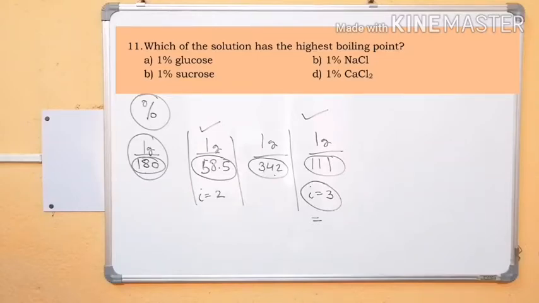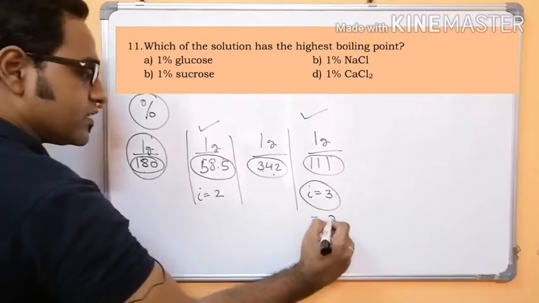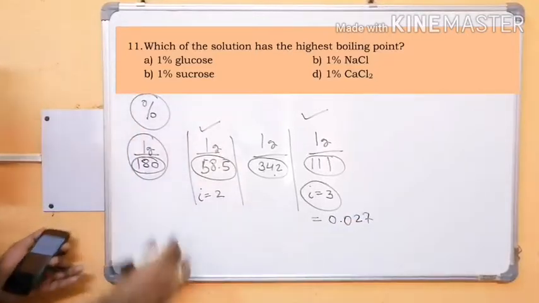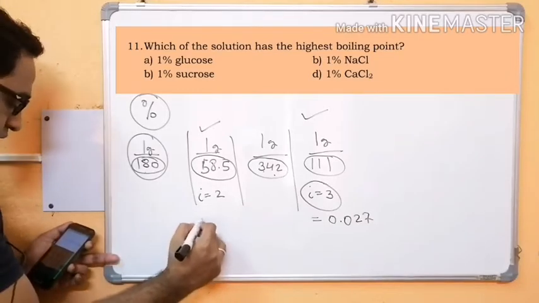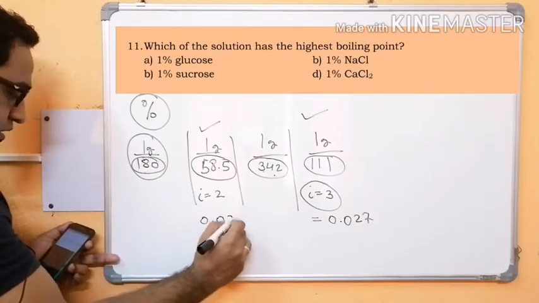1 divided by 111 into 3, so it is coming 0.027, and this one, 1 divided by 58.5 into 2, so it is coming 0.034.